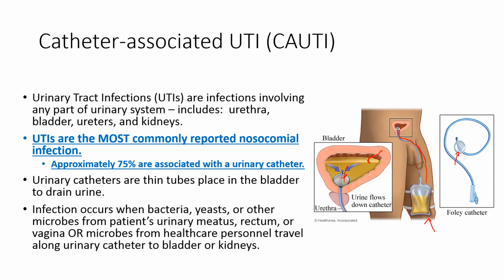So infection occurs when bacteria, yeasts, or other microbes from a patient's urinary meatus, rectum, or vagina, or maybe microbes from a healthcare personnel's body, get onto the catheter, and then they travel along the urinary catheter to the bladder or kidneys.